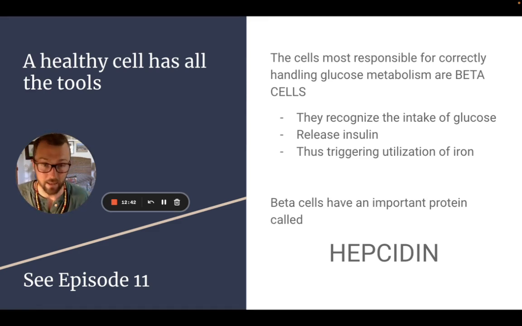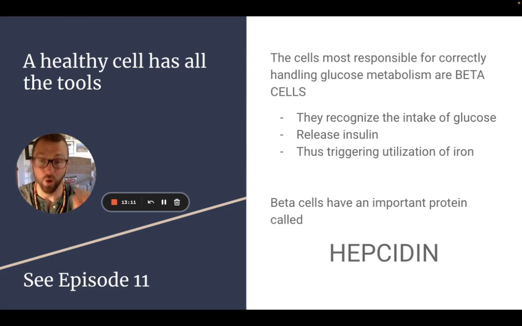So beta cells recognize the intake of glucose. They release insulin. That, through a series of messengers, lets iron get mobilized so that it can be used. Now, that connection to iron gives beta cells the right to use a very special tool called hepcidin.